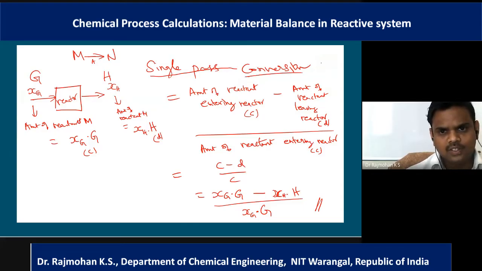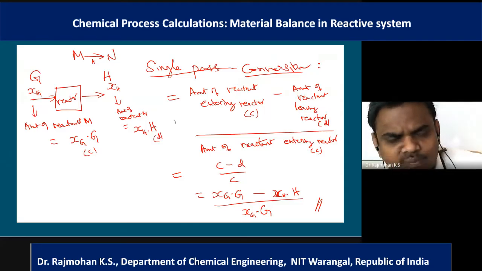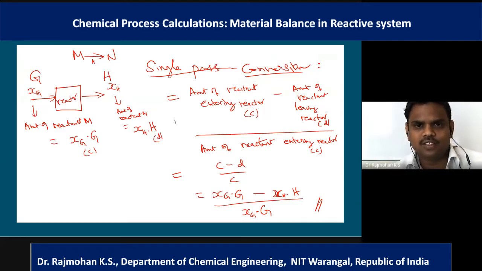Here we have written only symbols, but if data is given, we will be able to substitute them in this formula. Okay, so that is the answer for this GATE question.